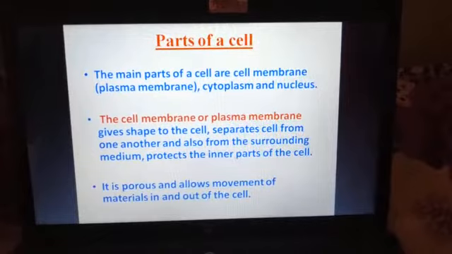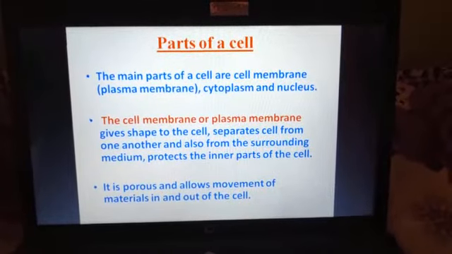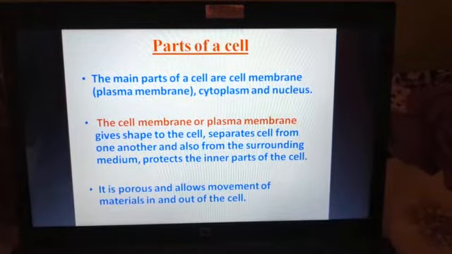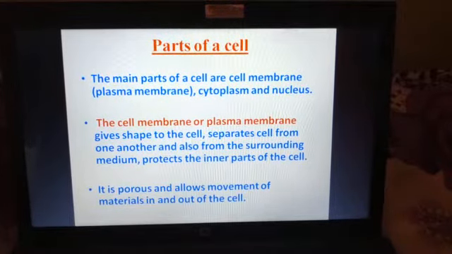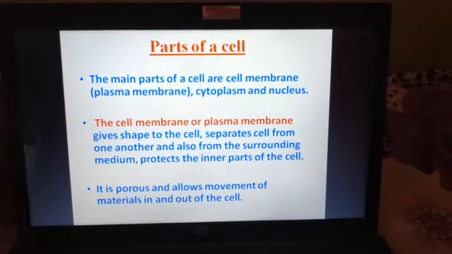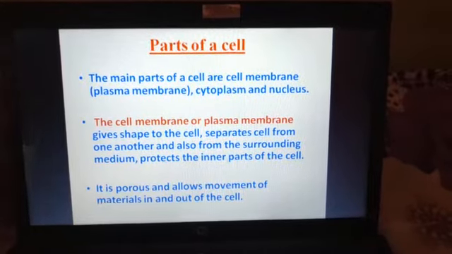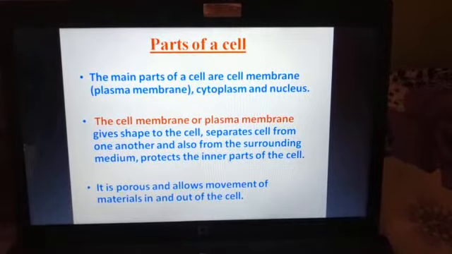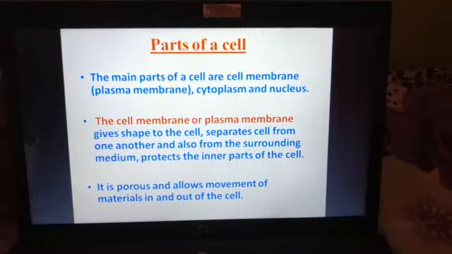And it protects the inner part of the cell, that is the content which is present inside the cell membrane. It is porous and allows movement of material in and out of the cell. So they have tiny pores and this allows movement of material in and out of the cell.